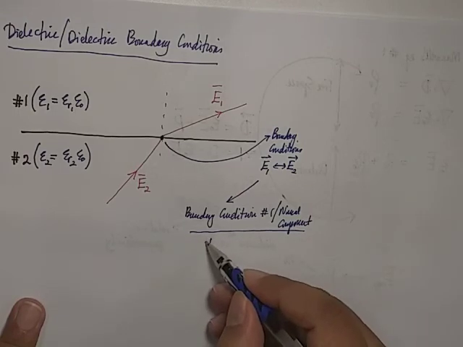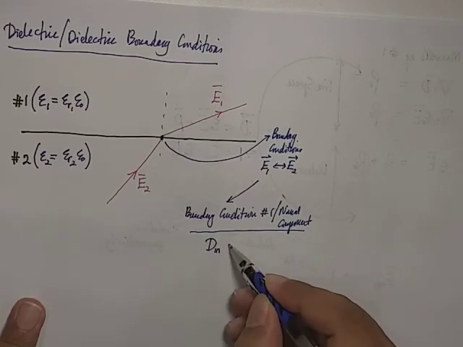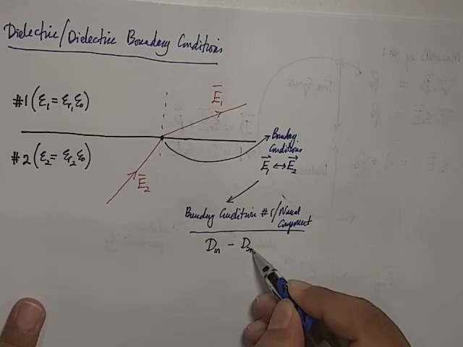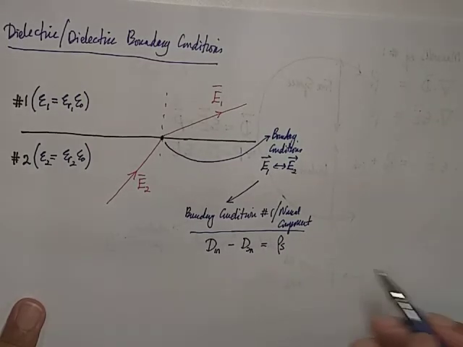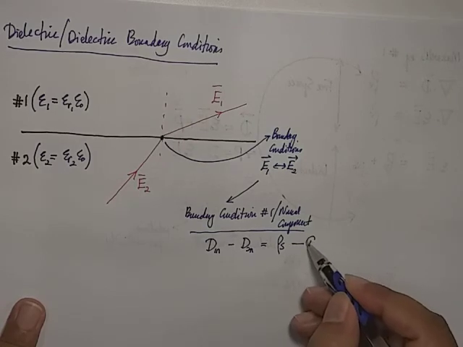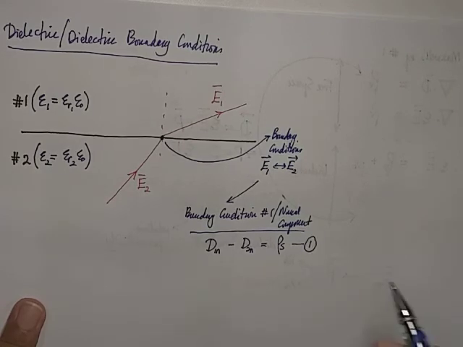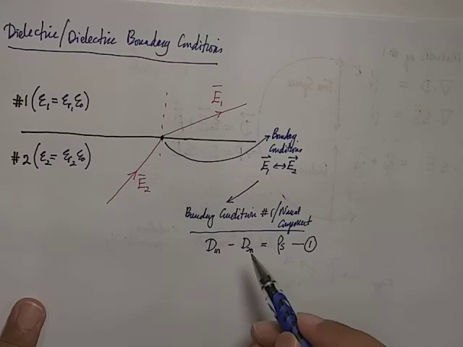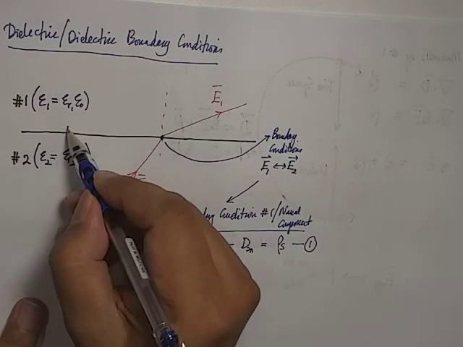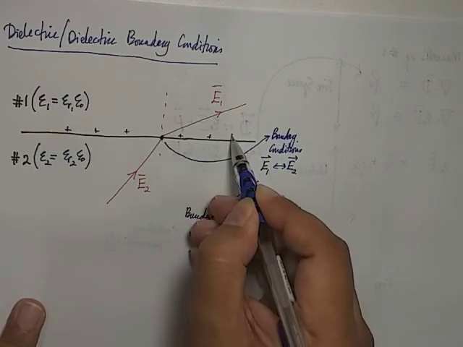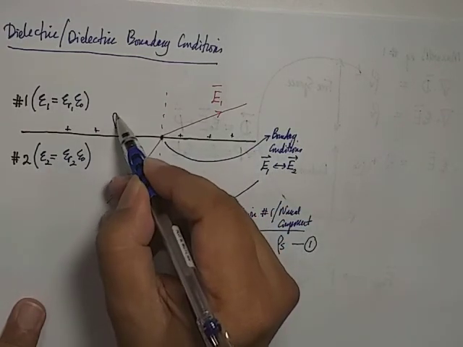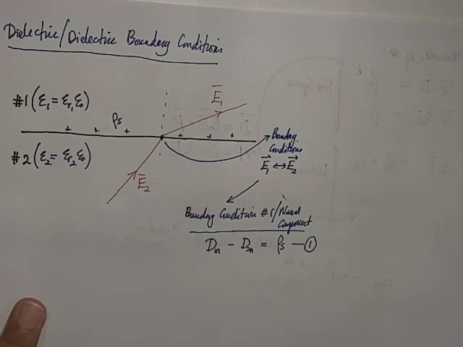Yes, D1n minus D2n will be equal to rho s. Okay, so that should be the first equation that we use to talk about the normal component, and we assume that this particular surface is filled with rho s, surface charge.